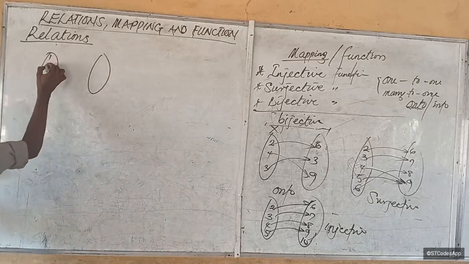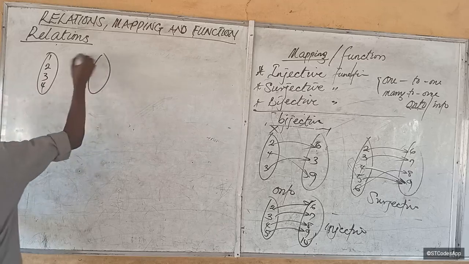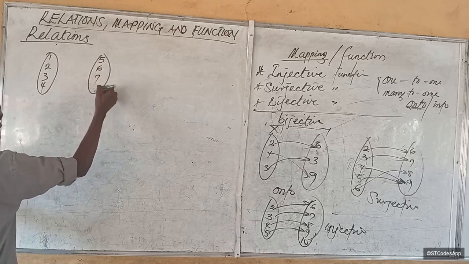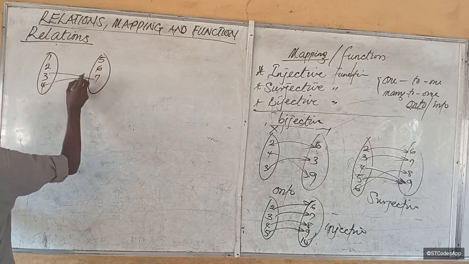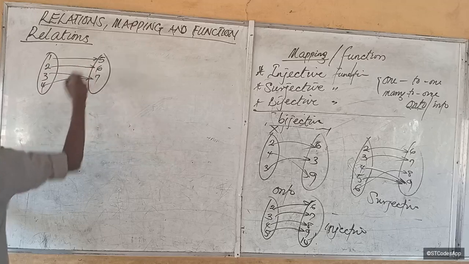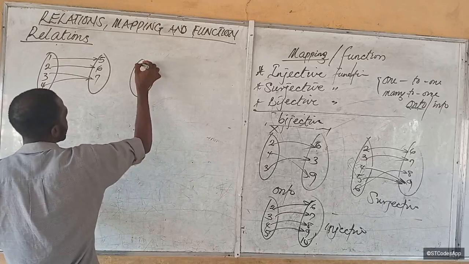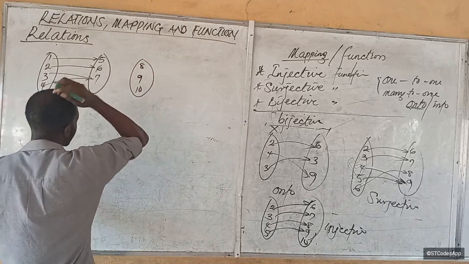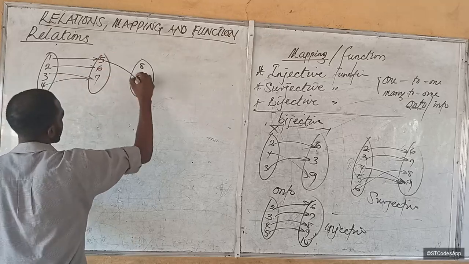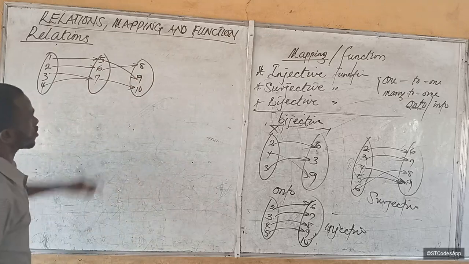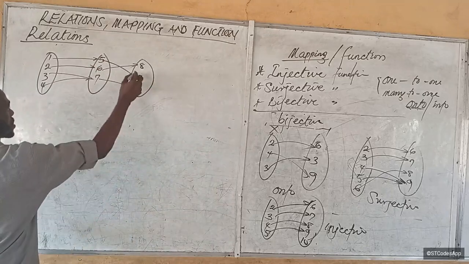Let's say I have 1, 2, 3, 4 that maps to 5, 6, 7. And each of these are now mapped again to say 8, 9, 10. The relation is weird, though, but this is just an example.